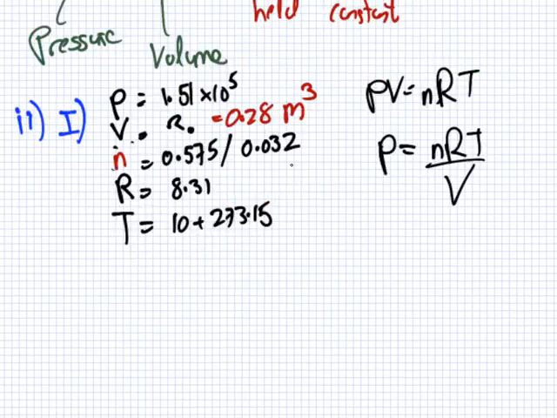Okay. Part 2. Now, did you get that, Musharif? Did you use 32?